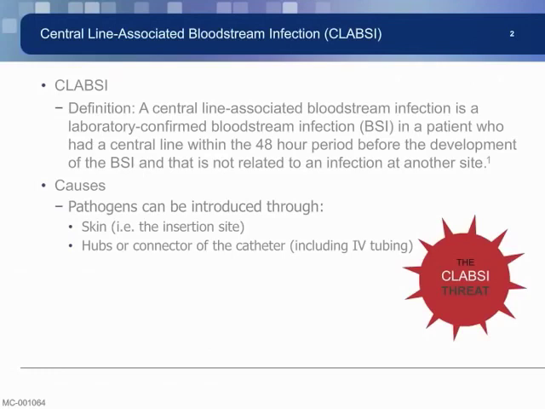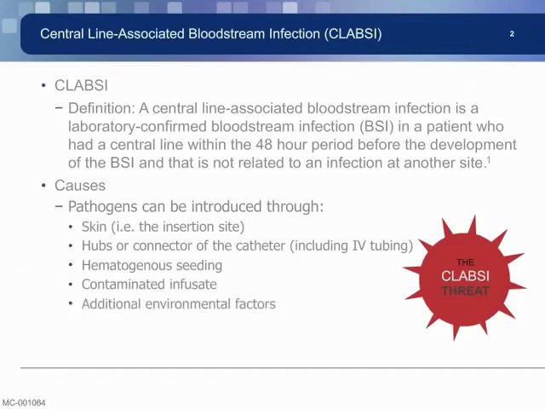This can occur during manipulation of the IV tubing or drug delivery. Third, hematogenous seeding is pathogens that are in the bloodstream that colonize the catheter. Fourth, contaminated infusate can introduce pathogens into the catheter and into the bloodstream. Fifth, environmental factors can expose the catheter to pathogens.